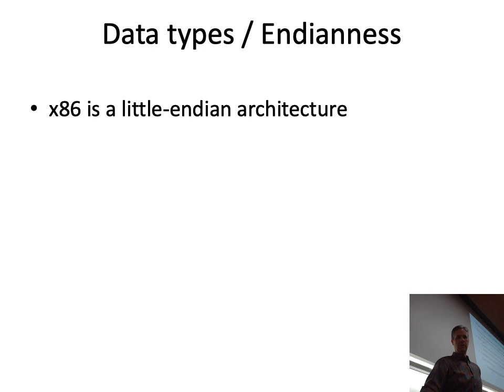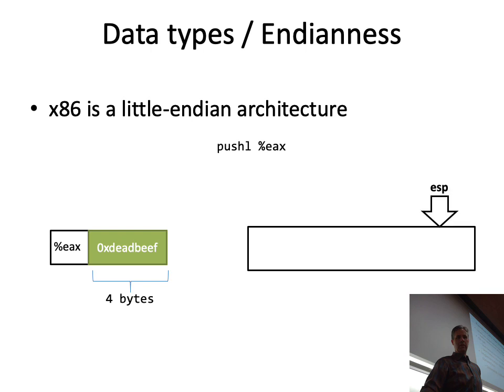So we're almost done with a survey of x86. One thing to know is that x86 is little endian. This means that if we have a 32-bit value, like DEADBEEF, we need to know how this value is encoded as a sequence of bytes. We switch things around: we take the least significant byte and put it first.